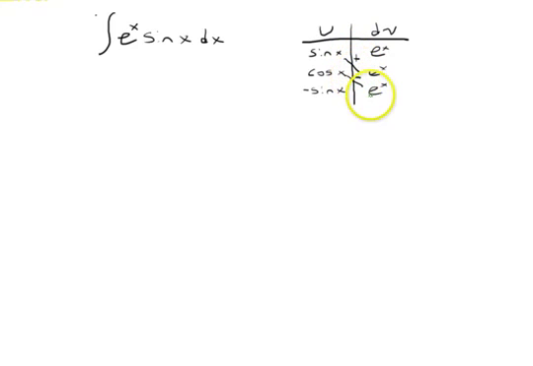So I'll have a plus there, a minus, and a plus. So let's write this out. This integral, the integral of e to the x sine x dx, is equal to e to the x sine x, that's my first diagonal, minus e to the x cosine x.